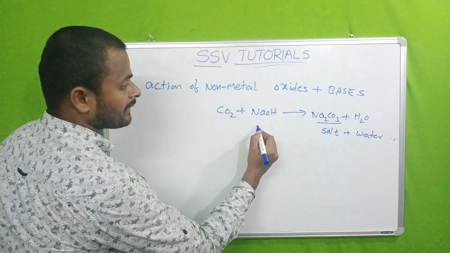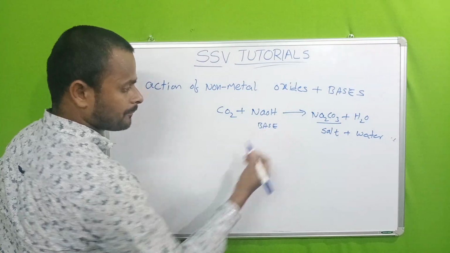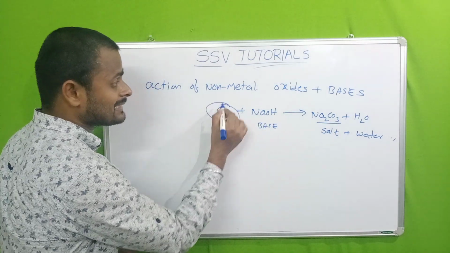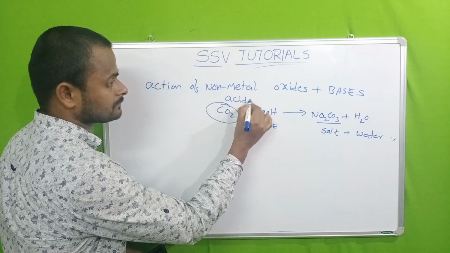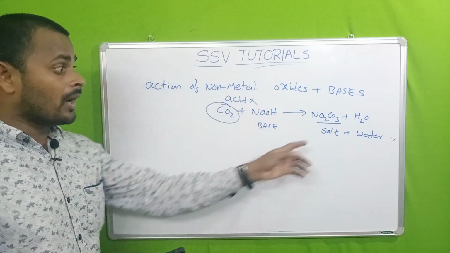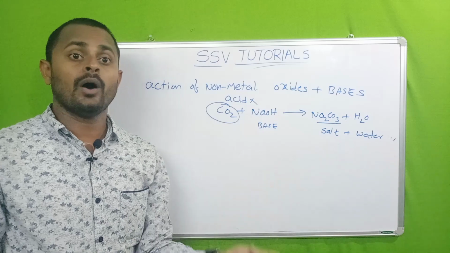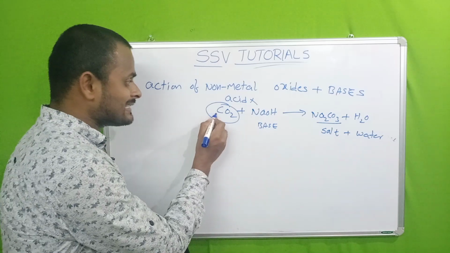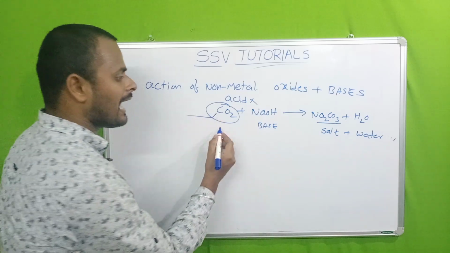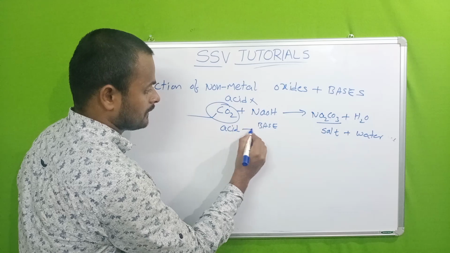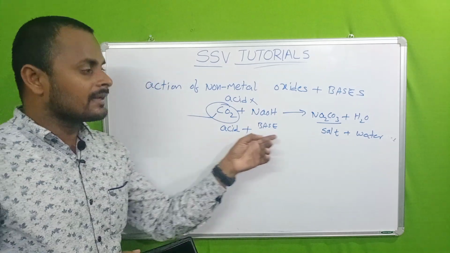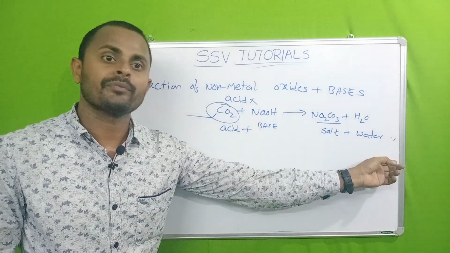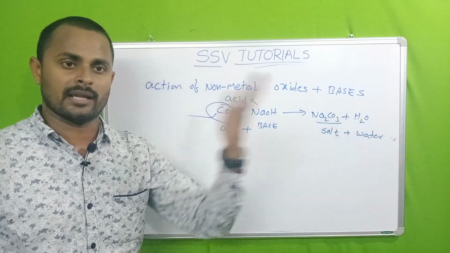But here NaOH is a base, but carbon dioxide is not an acid, yet it forms salt and water. How? It acted as an acid. That is why acid reacting with base forms salt and water, according to the definition of neutralization.